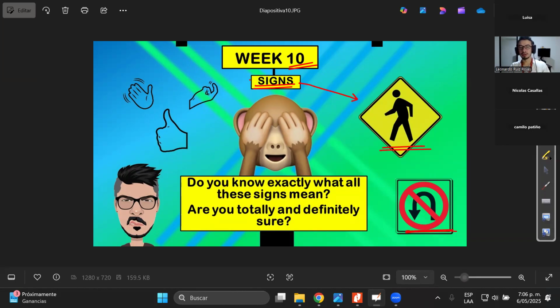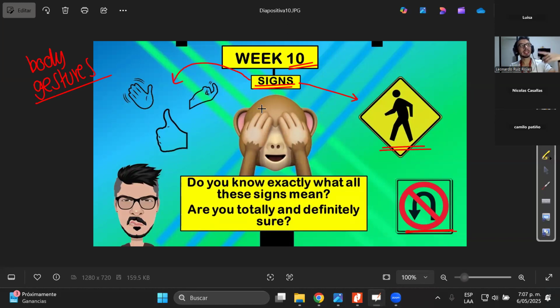But we also have other different types of signs like body language or body gestures. Do you know what is the meaning of gestures? Gestos. Gestos, yes, very good. So in that case, the body gestures are other different types of signs.